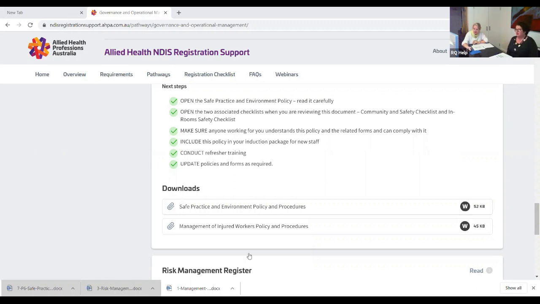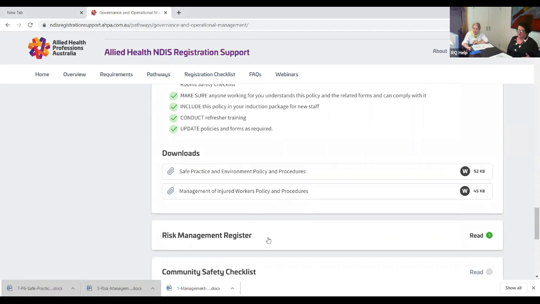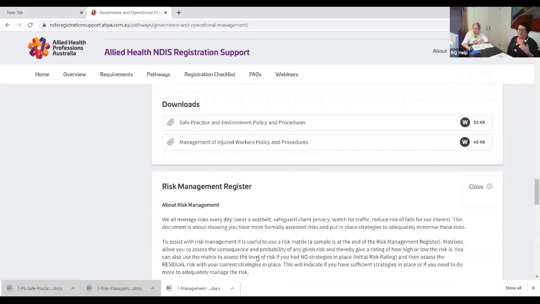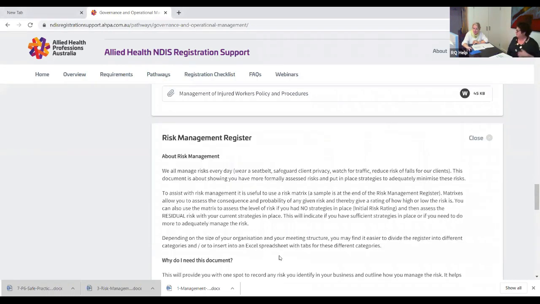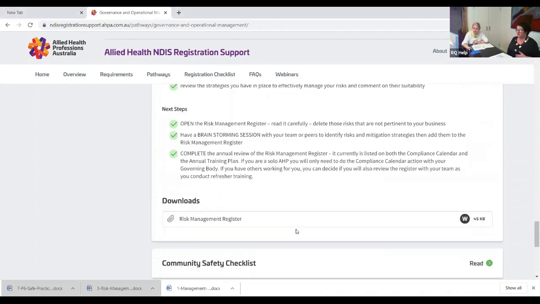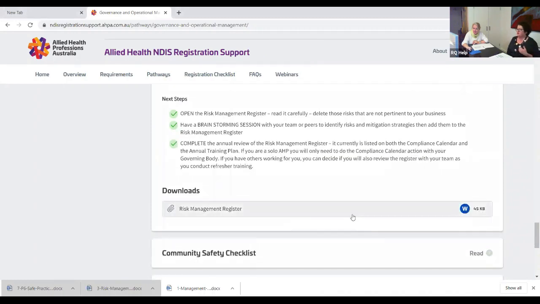It's a slightly different register to the registers that we've been talking about so far, which are the HR register, the client's calendar, the complaints and incidents register. This one has actually been completed, so it's more like a document that you're working on, where the form is completed.